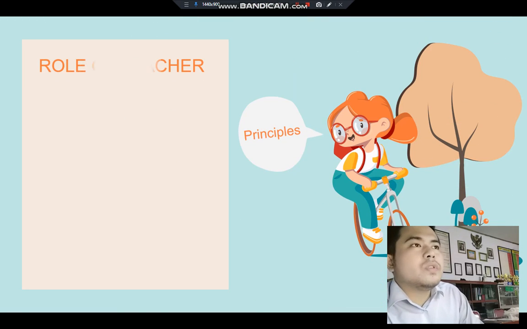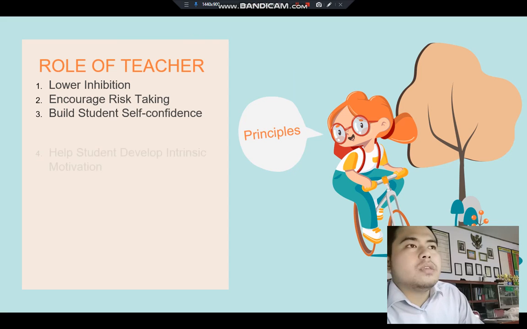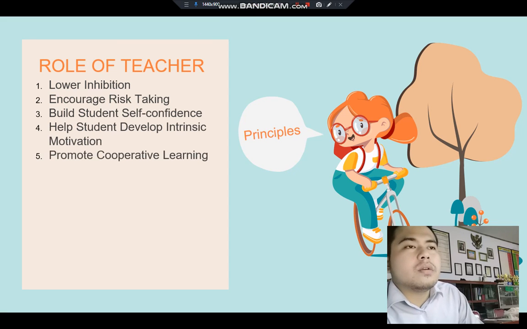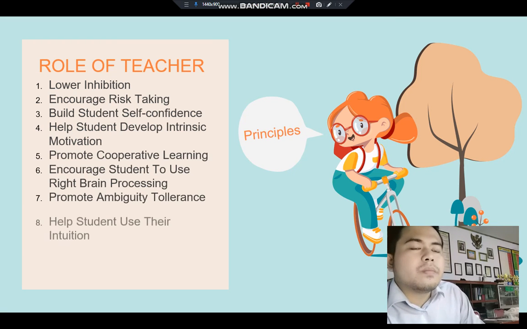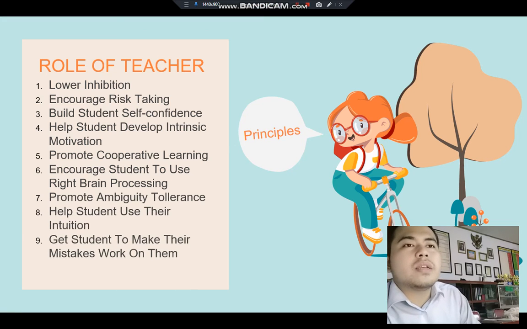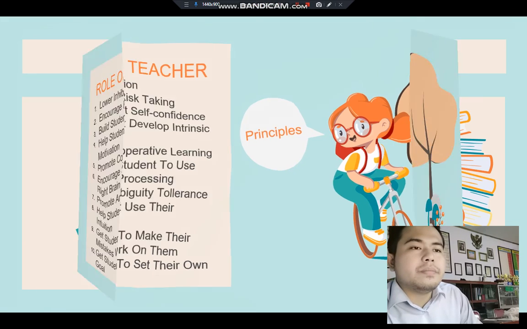And the role of the teacher itself is also there. The teacher is not only a partner, but also has to build, encourage, and get students to make their mistakes, and others.